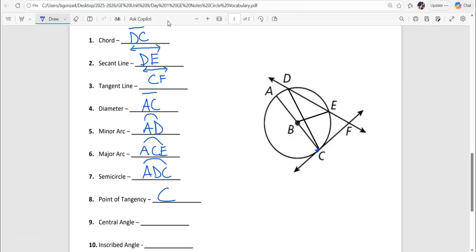ACD is not in the center. So since it's an angle, we got to put the angle symbol. And we're going to pick the first one, ABE. Abe Lincoln. Okay, go ahead and put angle ABE.